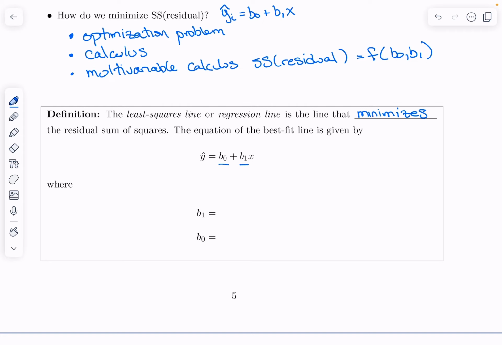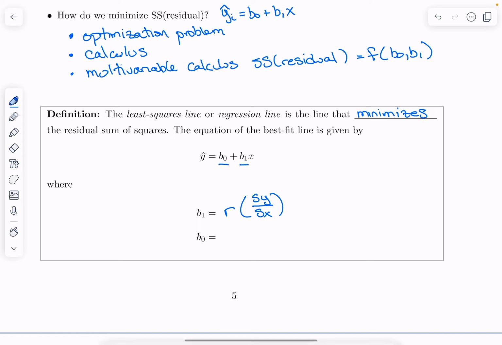And it turns out that b0 and b1 have some really nice simple formulas. b1 turns out to be r, our correlation coefficient, times the standard deviation of the y's divided by the standard deviation of the x's.